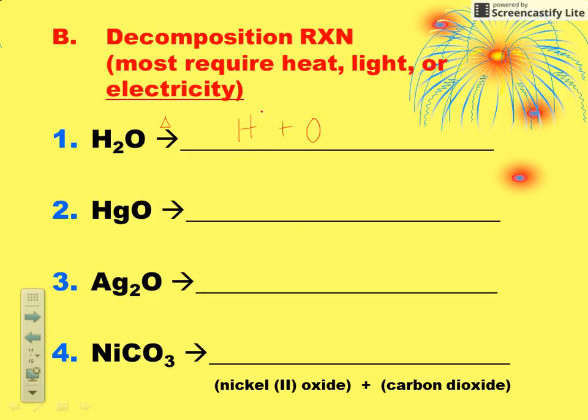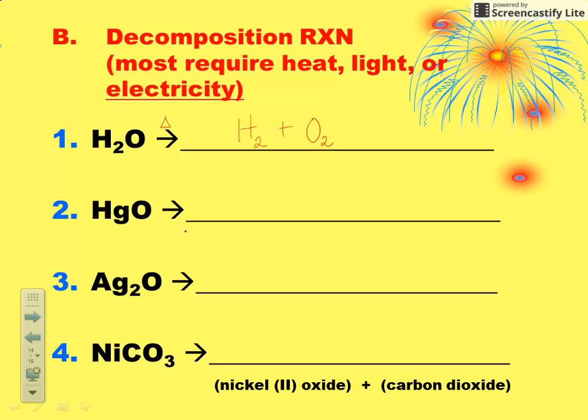Here we see hydrogen by itself. Is he a halogen hun? Yes, he is. So we're going to put a 2 subscript with hydrogen when he's by himself. Oxygen is also by himself. Is he a halogen hun? Yes, he's the O in hun. So he gets a 2 subscript as well. So your products are going to be H2 plus O2.